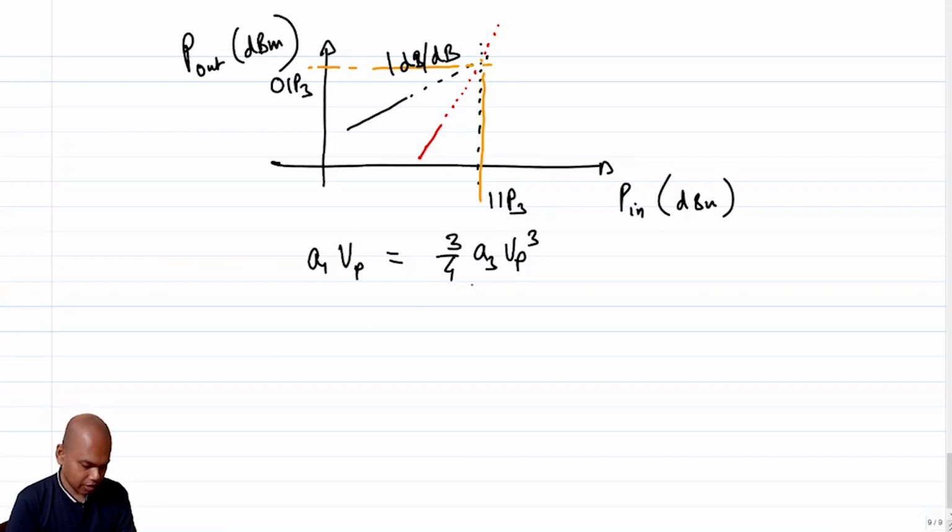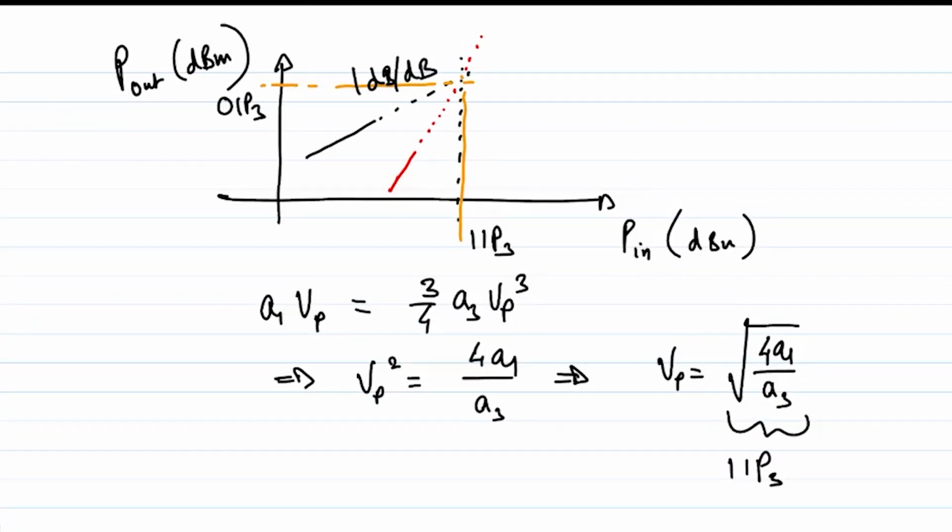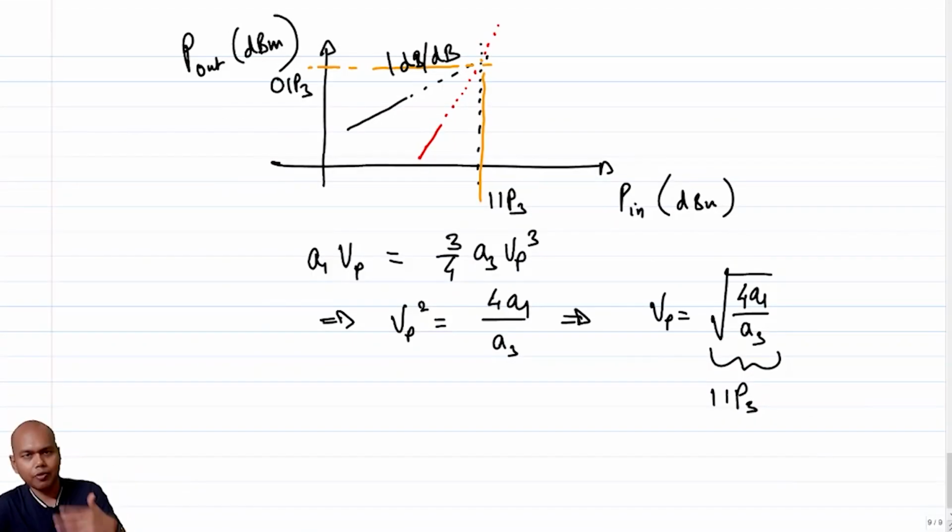So which means that your VP square is 4A1 by A3, which means that VP is equal to under root 4A1 by A3. So this is your IIP3. This is VP in volts. If you have to convert it to dBm, you use the appropriate metric, right? So VP square over 50, and then divide by 1 milliwatt, and then take 10 log of that. Whatever you get will be your IIP3 in dBm.